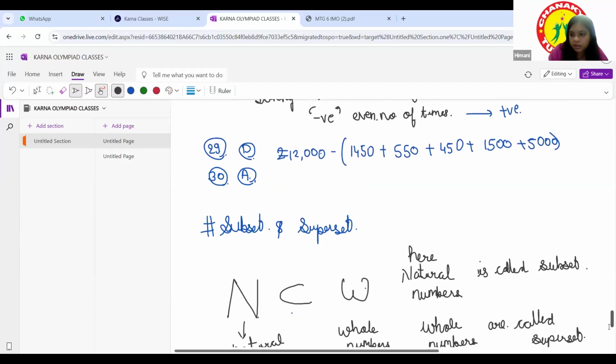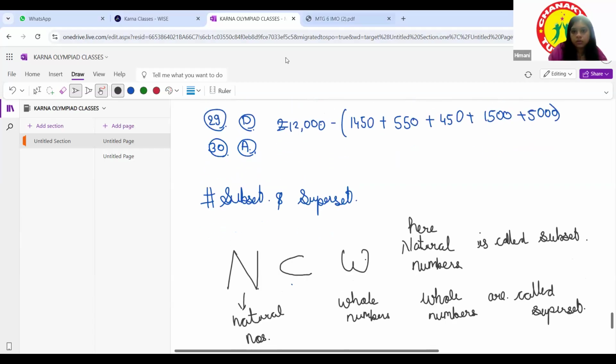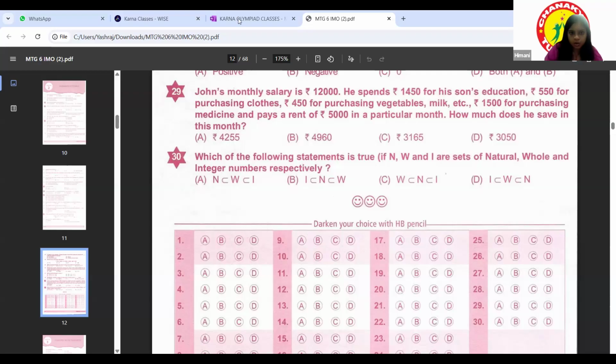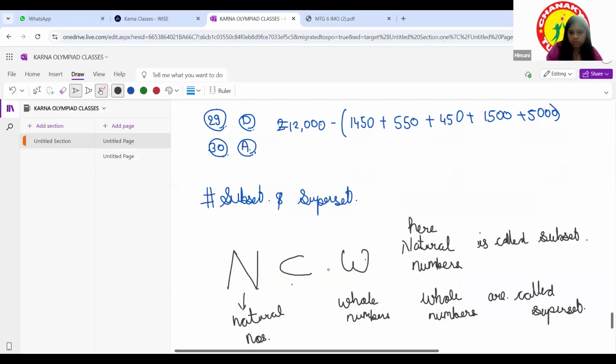Okay, so now try the 30th question. Okay, ma'am. Which one of the following statements is true if N and W and I are sets of natural? Ma'am, they opened the bracket but they didn't close it. Did I close it? No, ma'am.